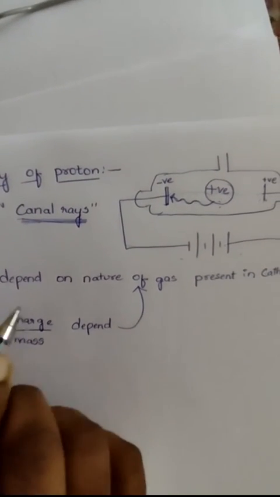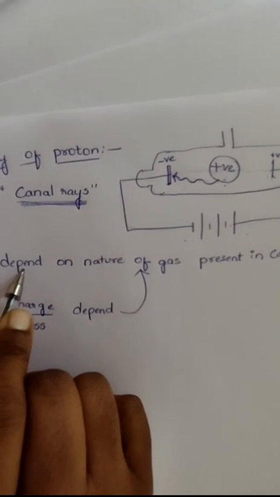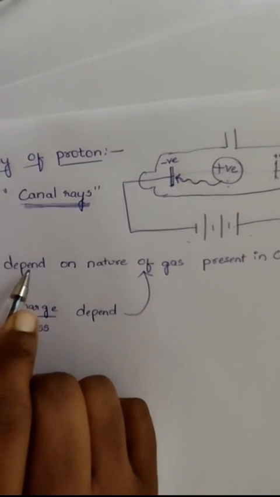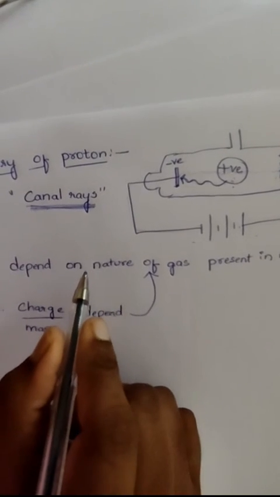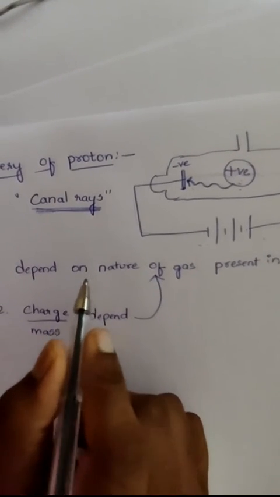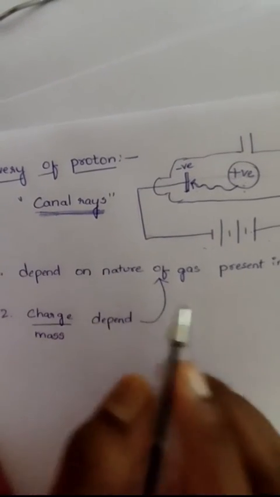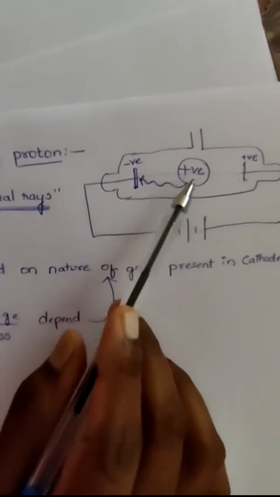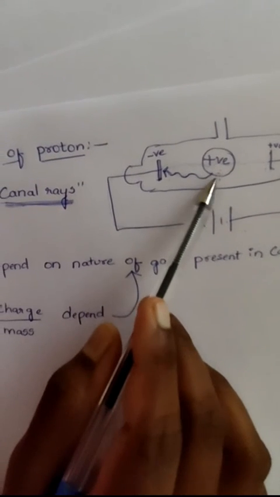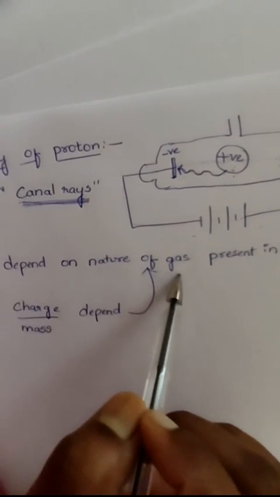So see, the positively charged particles in canal rays depend upon the nature of gas present in the cathode ray tube. They are simply positively charged gaseous ions, and their charge by mass ratio also depends upon the nature of gas.